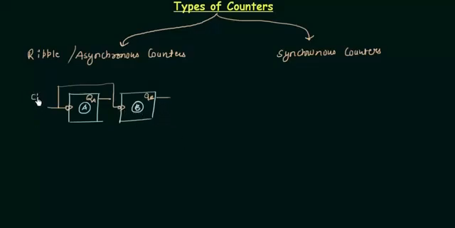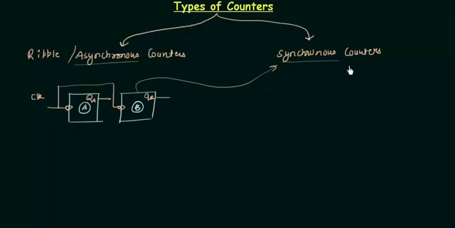You can see if this is clock, then this clock is given to A as well as to B at the same time, and this is for synchronous counters. So it is a very simple thing to remember. The only difference is regarding the clock. The clock is not given simultaneously in case of asynchronous, whereas the clock is given simultaneously in case of the synchronous.